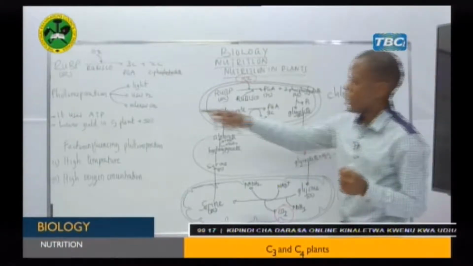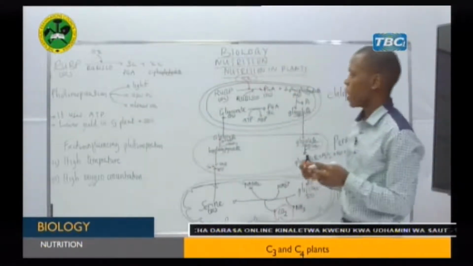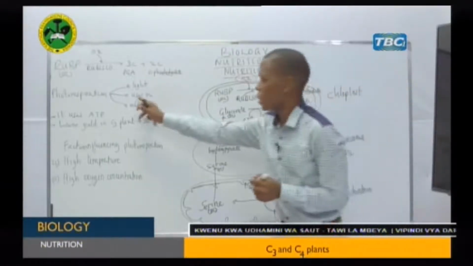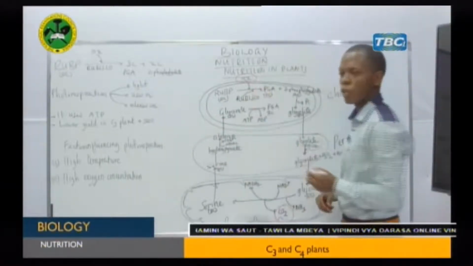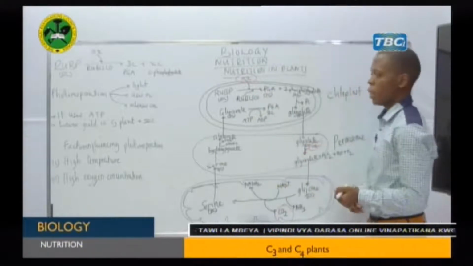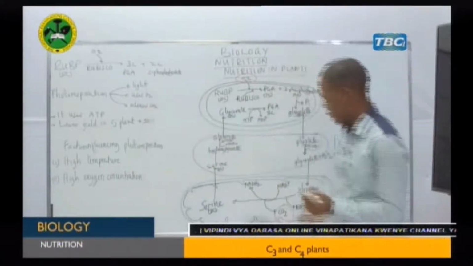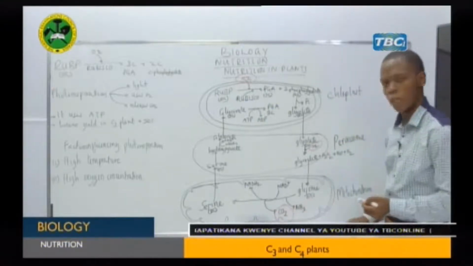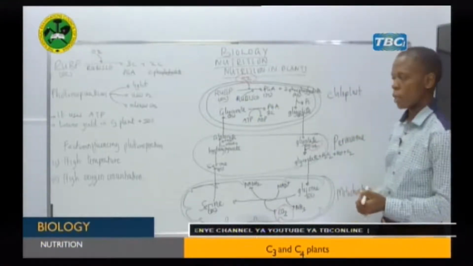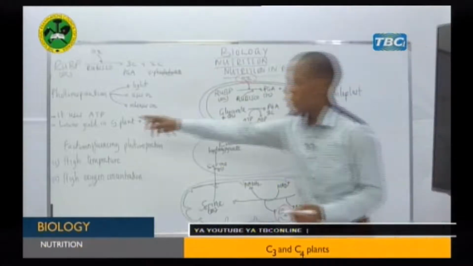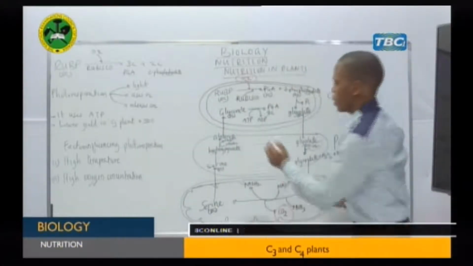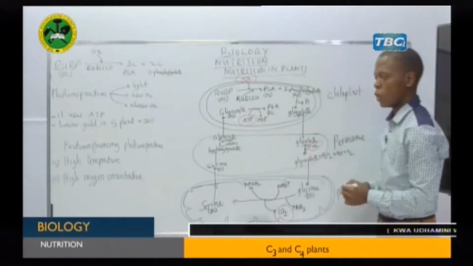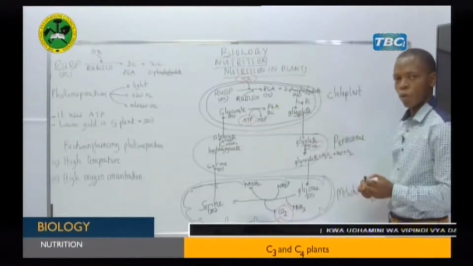As I said, the process occurs in the presence of light, that is photorespiration. It uses oxygen, but also it releases carbon dioxide. One carbon is lost from glycine to form carbon dioxide. The process uses ATP. You see here, ATP is also used during this process of photorespiration.